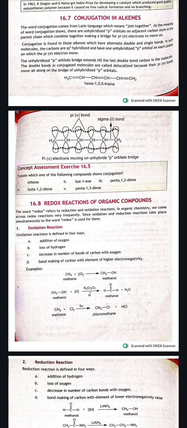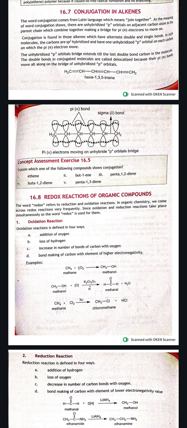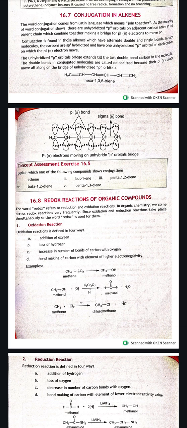Now we have conjugation in alkenes. The word conjugation comes from the Latin language. It means joined together. As the meaning of the word conjugation shows, there are unhybridized p orbitals on adjacent carbon atoms in the parent chain, which combine together making a bridge for pi electrons to move. Conjugation is found in those alkenes which have alternate double and single bonds.